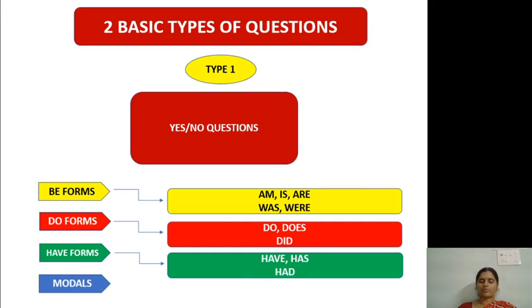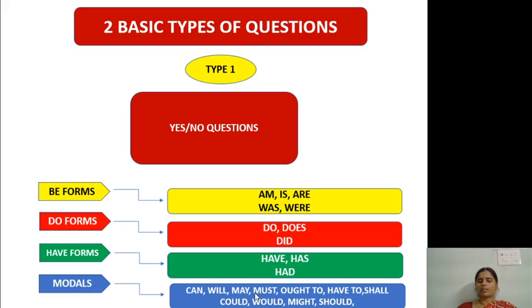Now we have one more form, that is modal verbs, like can, will, may, must, ought to, have to, shall, could, would, might, should. So be forms, do forms, have forms, and modal verbs are all used to frame yes or no questions.